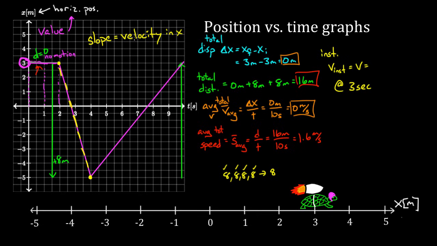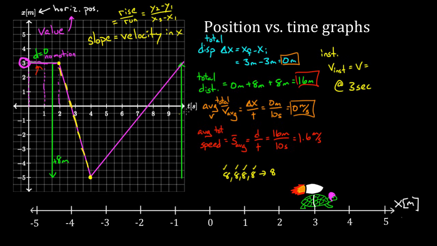You might wonder why. Why is this true? Why is the velocity equal to the slope? Well, remember from math class, slope was the rise over the run. And you might have seen that as, okay, y2, this is math class here, minus y1 over x2 minus x1. But you saw it like that because in math class, typically the vertical axis was always y and the horizontal axis was always x.